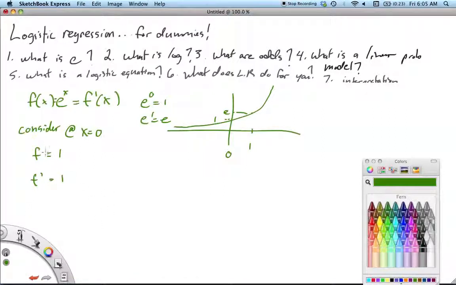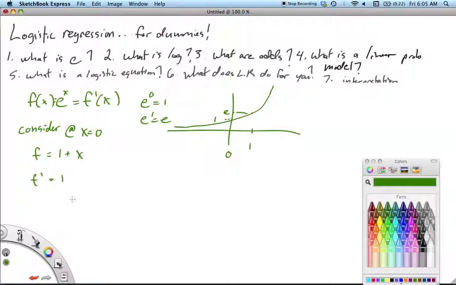But wait, there's a problem there, because if you differentiate this function, you get 0, which means that there has to be some other term here that differentiates to get 1. Okay, well, how about x squared over 2? Well, that would do it, because the derivative of this is just, sorry, I lied. x would do it, because x's derivative is just 1.